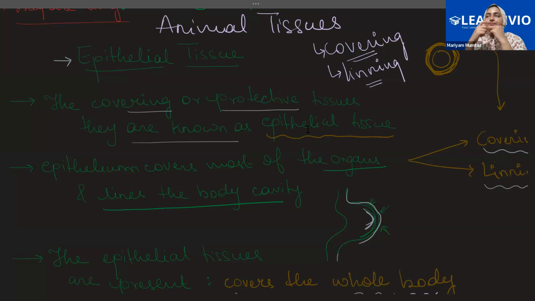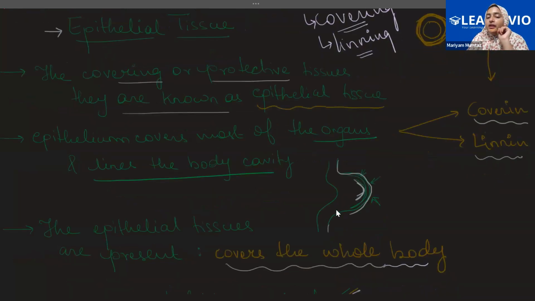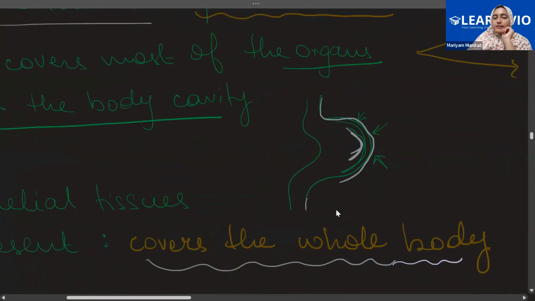No one? See. For example, if any layer is present on the outermost areas, on the outer areas, we'll call that a covering. But if the layer is present towards the inner side of any structure, then we call it the lining of a structure. For example, I have drawn here the stomach.